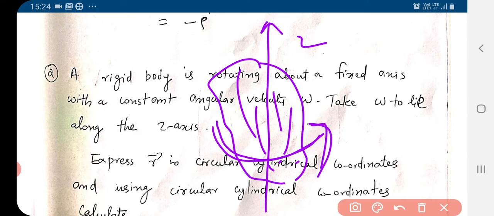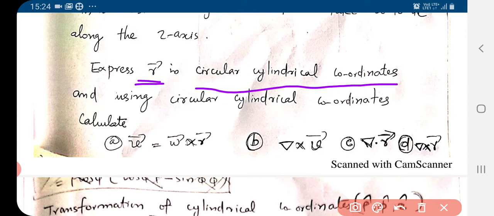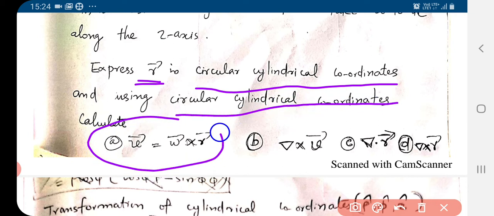It's rotating about this axis, so its angular velocity will be along the z-axis. Now what we have to do is express the position vector r in circular cylindrical coordinates, and using them, calculate the velocity v equal to omega cross r, and then find del cross v, then del dot r and del cross r.